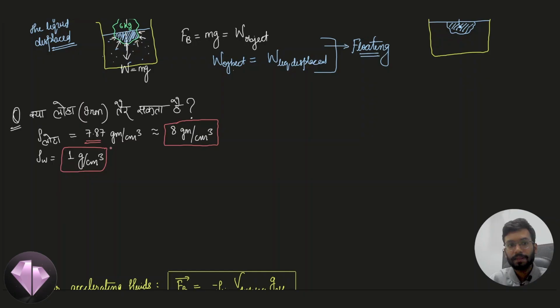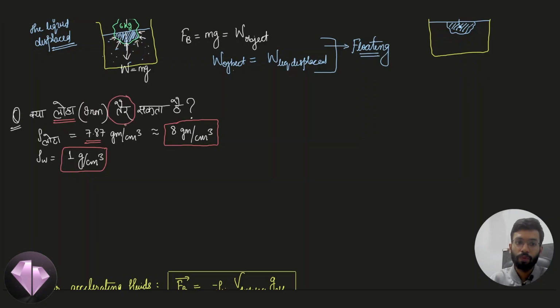So क्या कुछ ऐसा shape बना सकते हैं हम iron का जो कि उतना ही liquid displace करे जितना उसका खुद का weight हो? Did you understand it? Since I want my iron to float, मैं अपने लोहे को तैराना चाहता हूं.